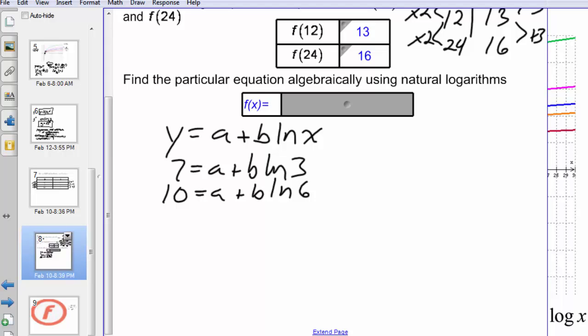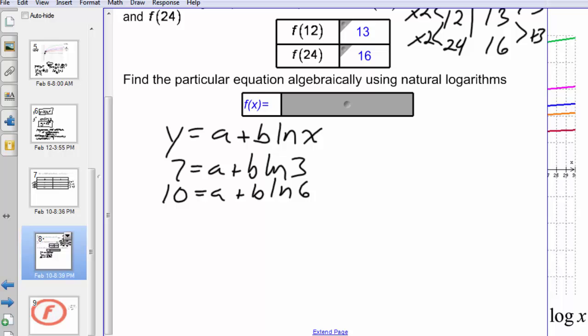Alright, so here we need to solve for a and b, and we have two equations with two unknowns. Once again, we have the choice of elimination or substitution. If I subtract, it looks like I could eliminate a quickly.